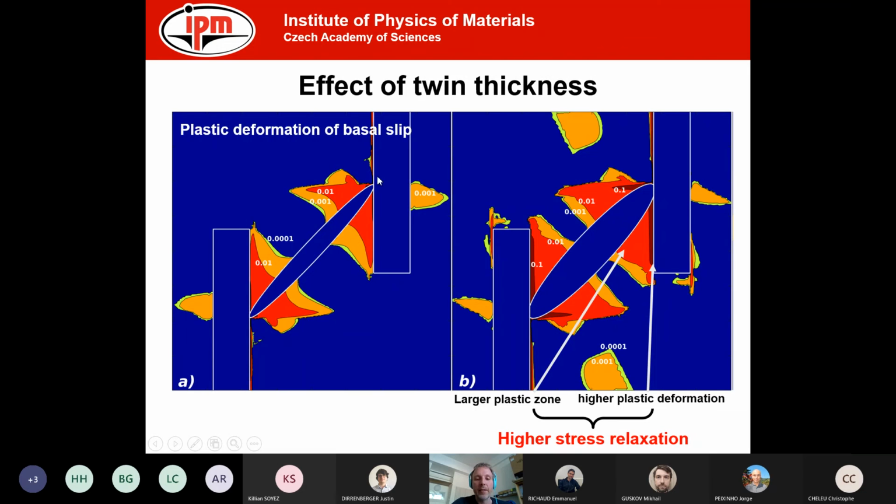So what you have here is the twin with different aspect ratio, and as the thickness increases, you can see that the area of the plastic deformation increases as well, and also the intensity of the plastic deformation increases, especially at the boundary with the precipitate. And this is probably responsible for the stress relaxation inside the twin, meaning that you don't need to increase the initial stress more to get a thicker twin.